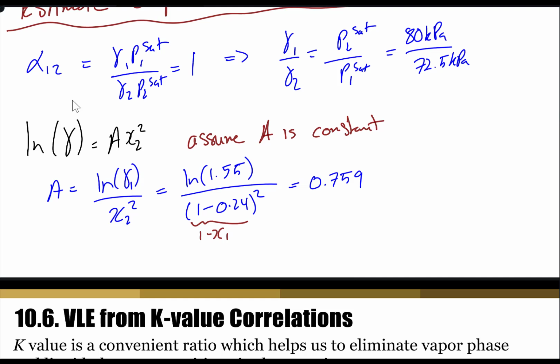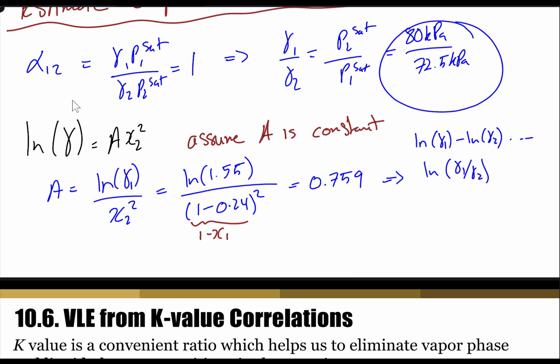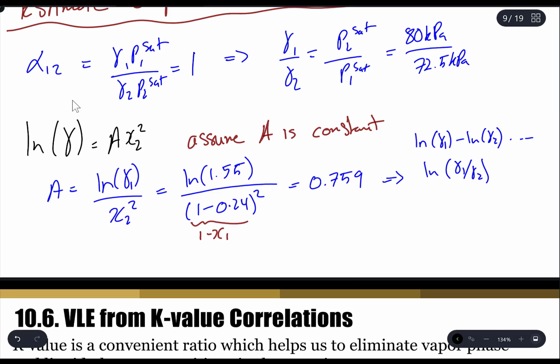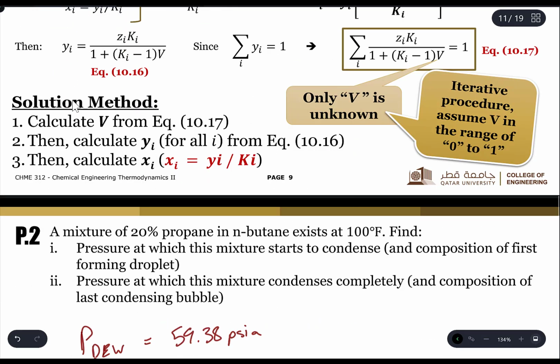0.759. Okay? Then from there, we do the equation natural log gamma 1 minus natural log gamma 2, which we showed last class. And then we get natural log gamma 1 divided by gamma 2, which is what we have up here. And that's going to equal, for a binary system, whoops.